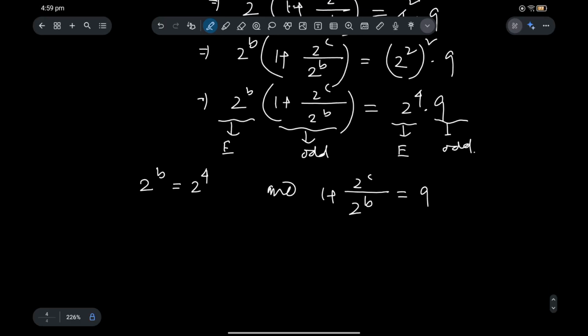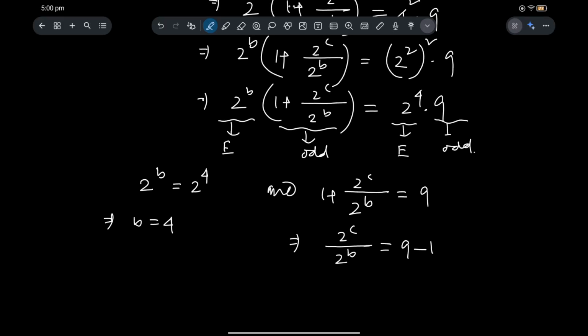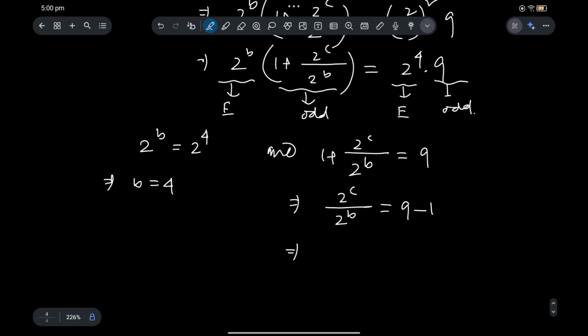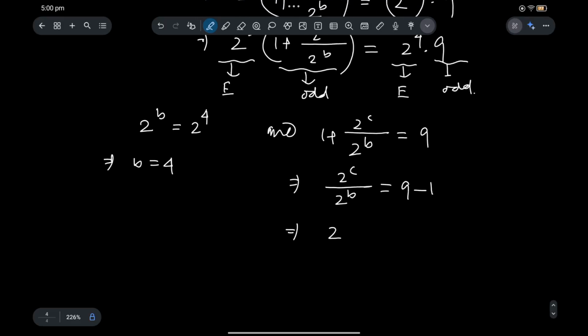We can write that b equals 4. Now that implies 2 to the power c over 2 to the power b equals 9 minus 1. That implies 2 to the power c equals 2 to the power b into 8.